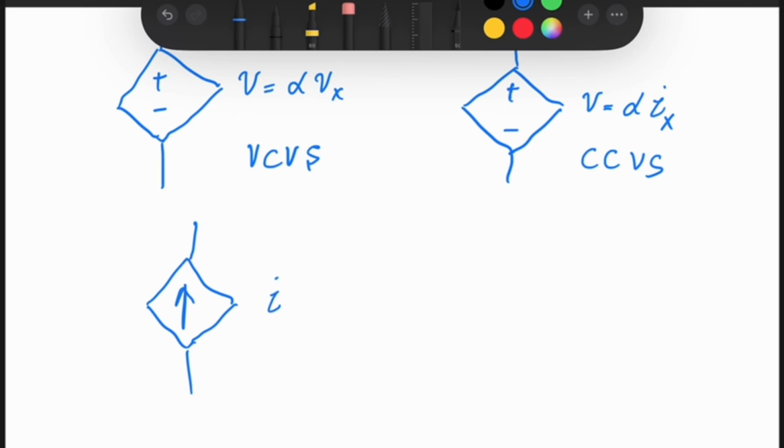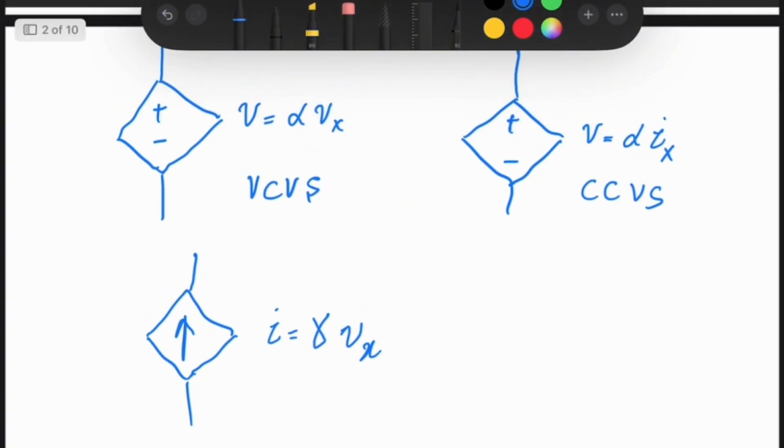That means this current is equal to, let's say, gamma Vx somewhere, and this is called a voltage controlled current source.